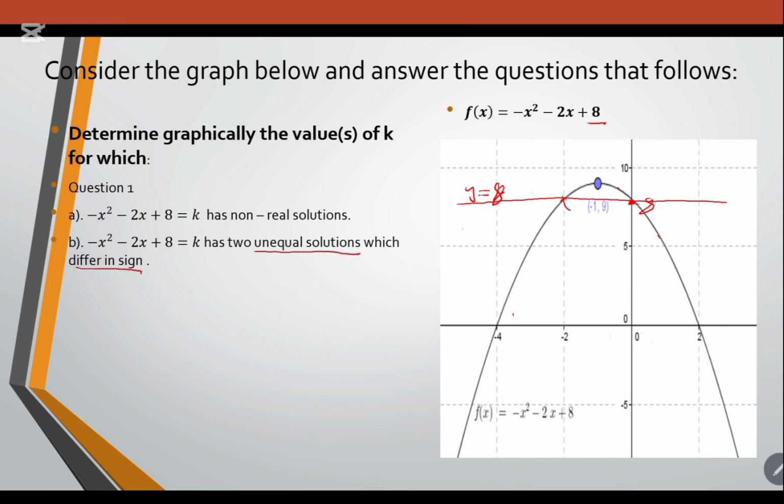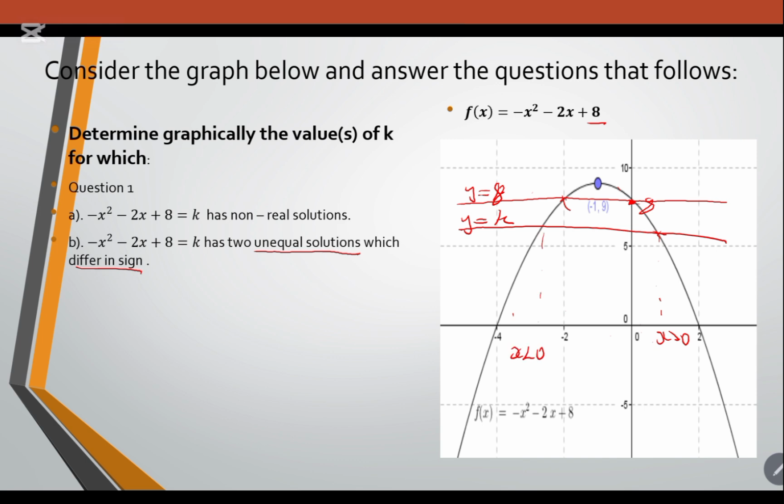So there will only be two unequal solutions if the value of k is a number less than 8. For example, k is here. y is equal to k. When k is a number below 8, this x coordinate here is positive, and this x coordinate here is negative.